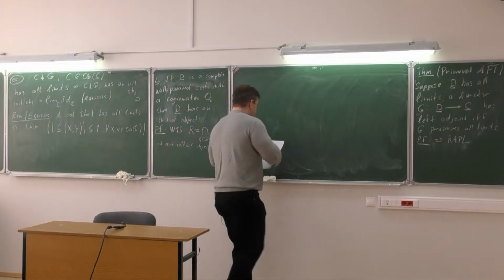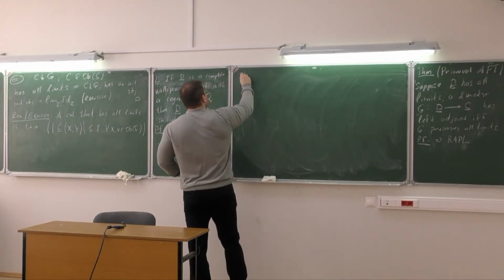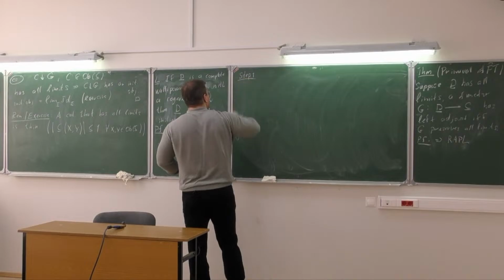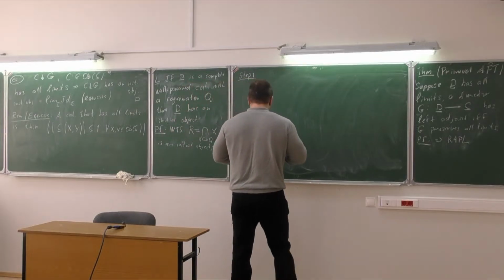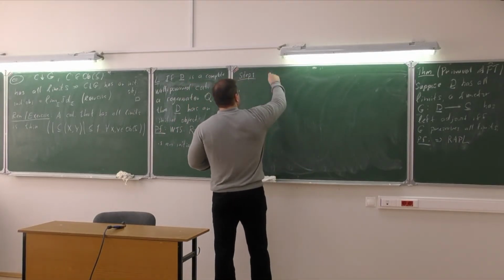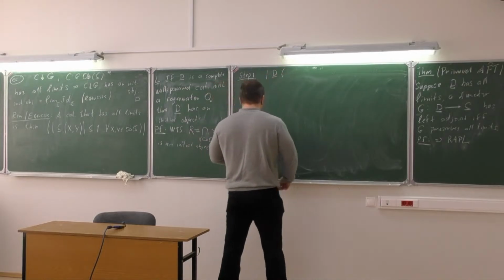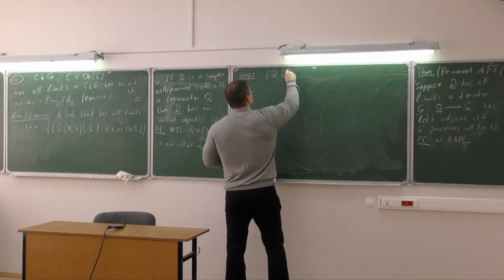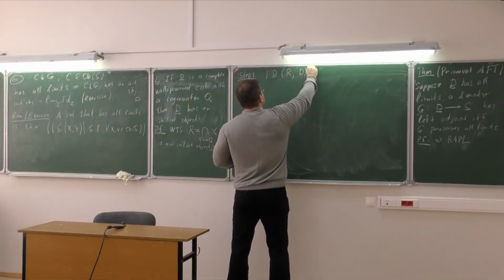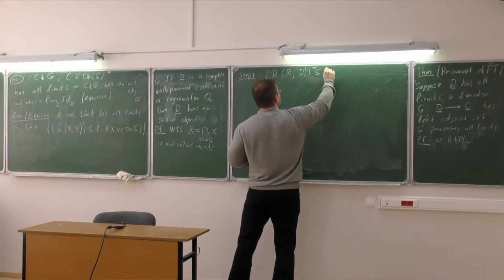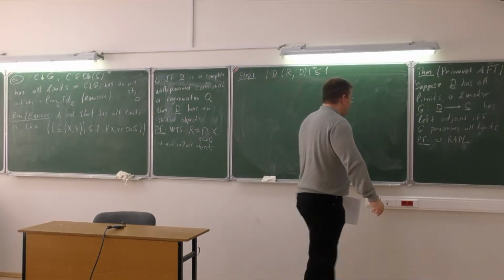So I can separate this proof into two steps. On the first step, I'm going to show that if I consider, in this category D, the Hom set between two objects, say R and D, then this set has at most one element.